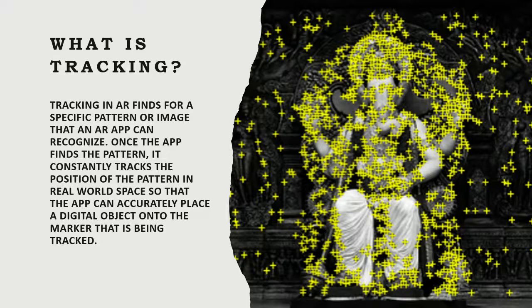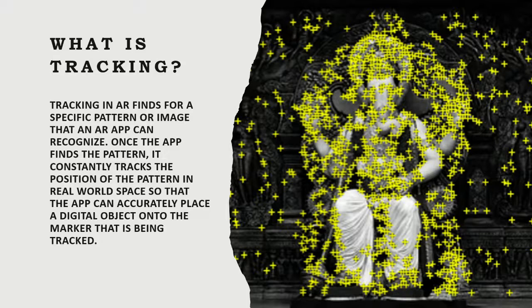Because it is recognizing the marker, that part is done, and the object has been placed on top of that marker. But when we move our marker from one place to another, how will the digital object move? Can you think of it?